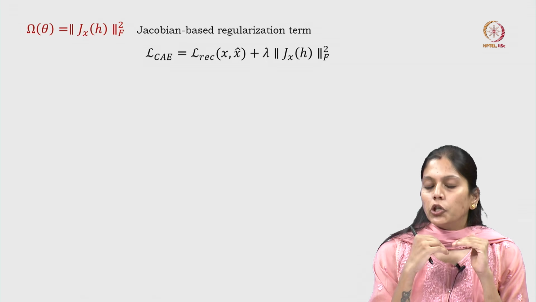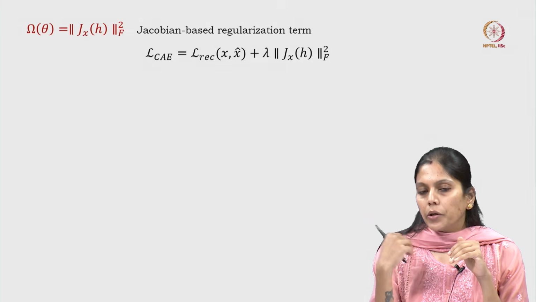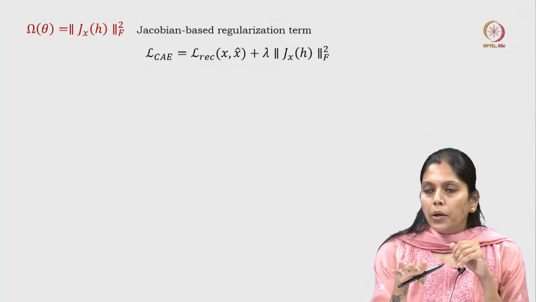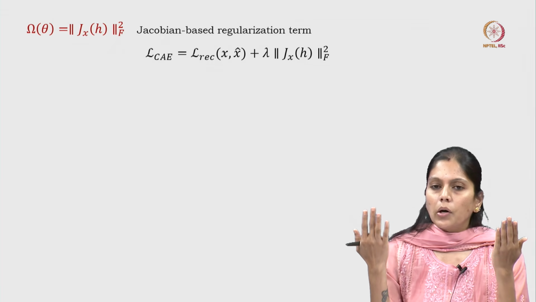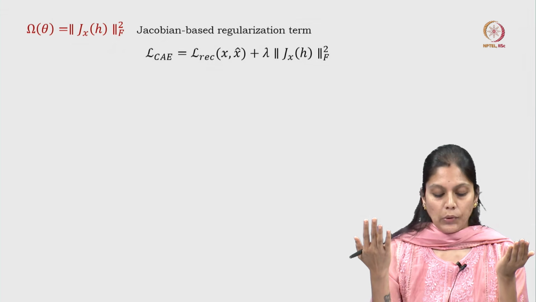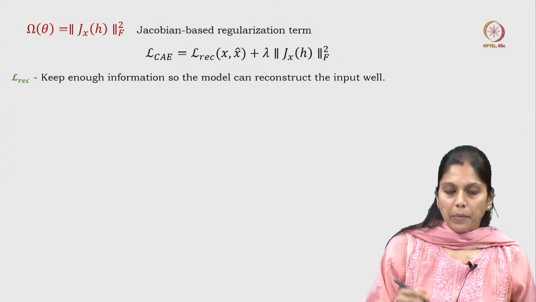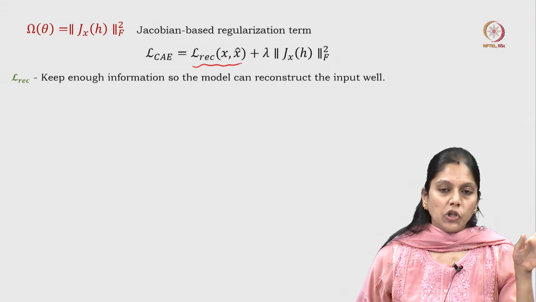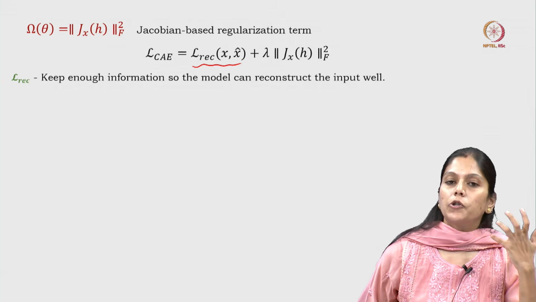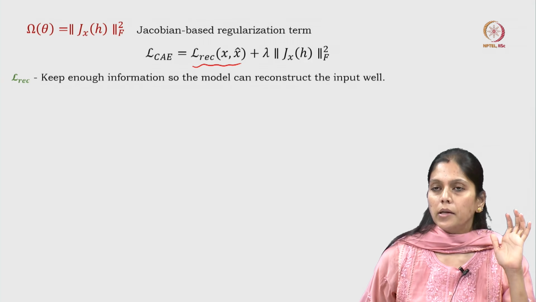If the hidden representation is poor, what will the reconstruction be? Definitely it will be poor. When you compare that reconstruction with the original input, is the loss not too much? So, here the first term says keep enough information so that the model can reconstruct the input well. Do you agree to this?